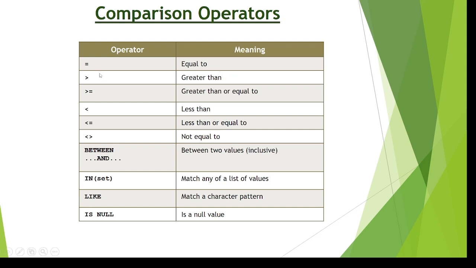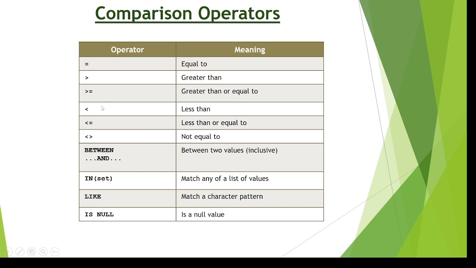We have the greater than operator, which is used to retrieve the rows where the value of the column is greater than the specified value. We have the greater than or equal to operator, which is used to retrieve rows where the value of the column is greater than or equal to the specified value.